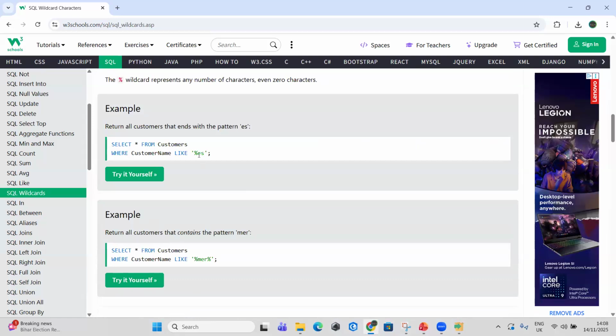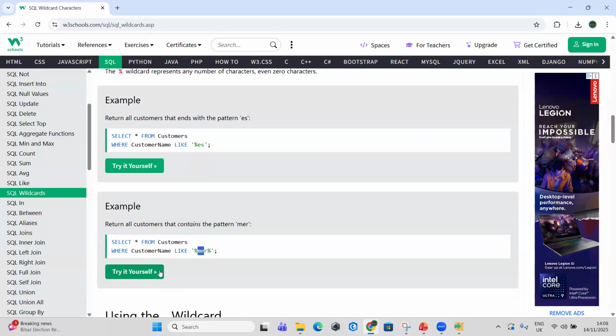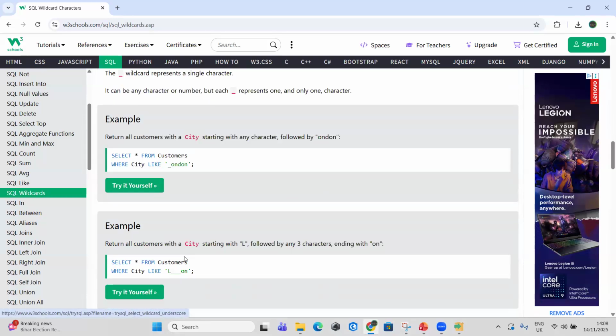So we already know what will be the output for this. Starting with yes. In this, it should end with ES. Whereas in this, it may start with anything, it may end with anything, but somewhere in the middle it should be MER, right? Like here, London.